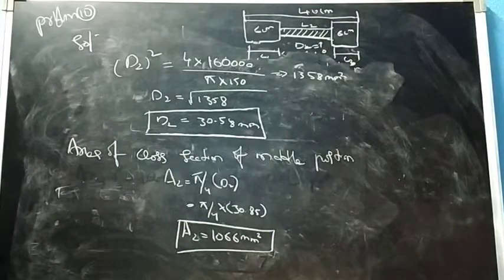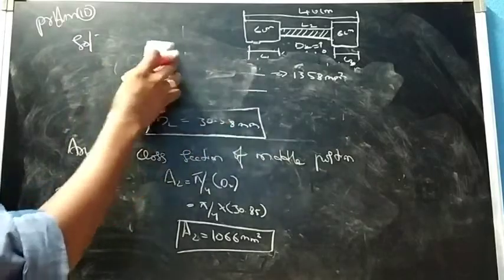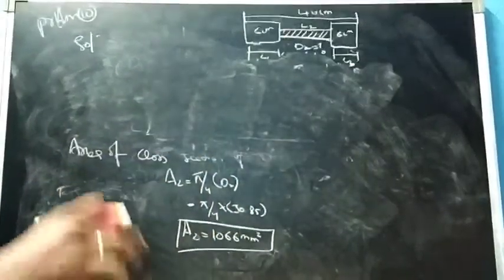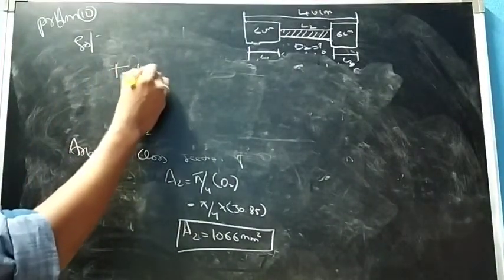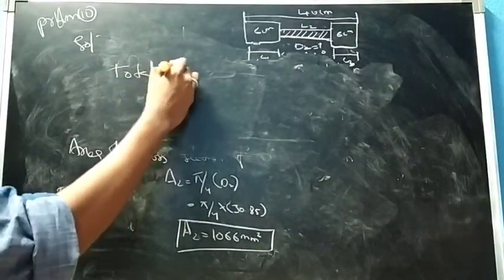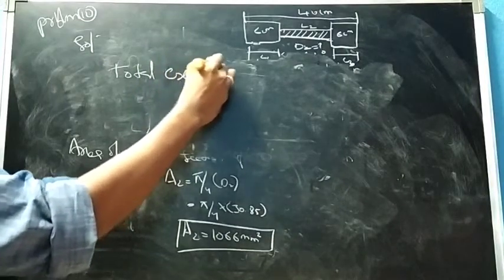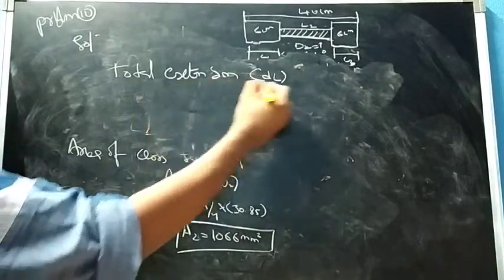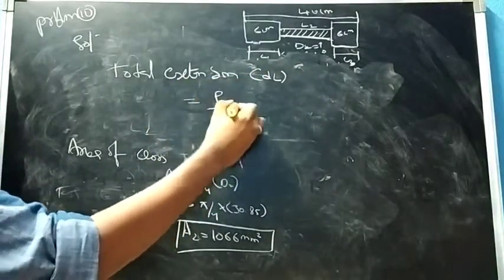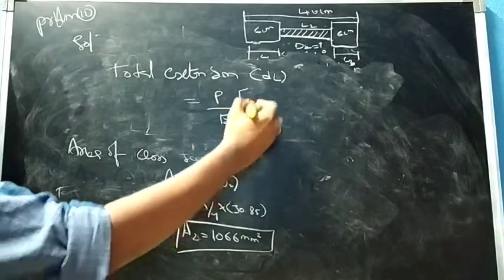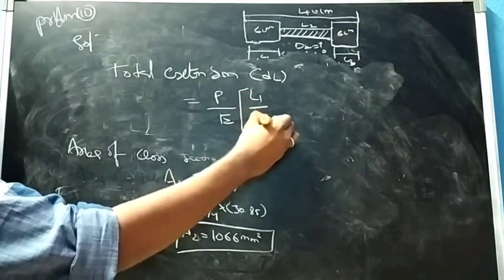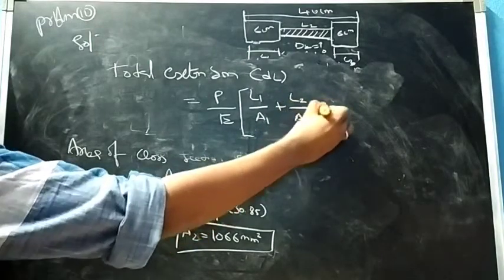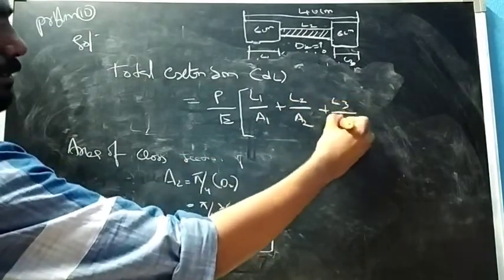Now we know the total extension formula, that is dl equals to P upon Young's modulus into L1 by A1 plus L2 by A2 plus L3 by A3, right?